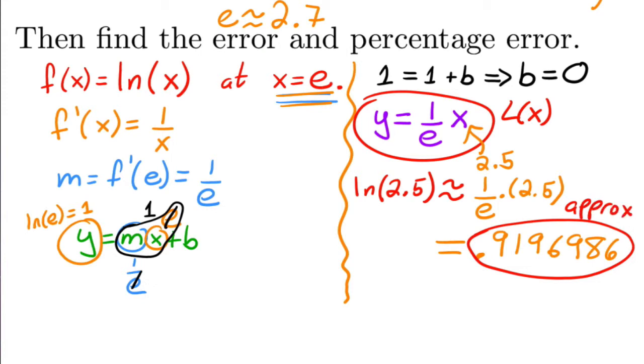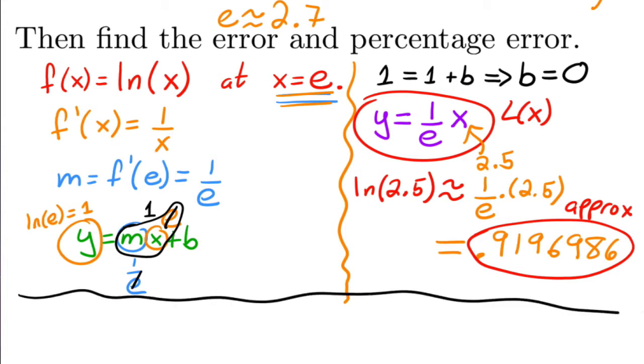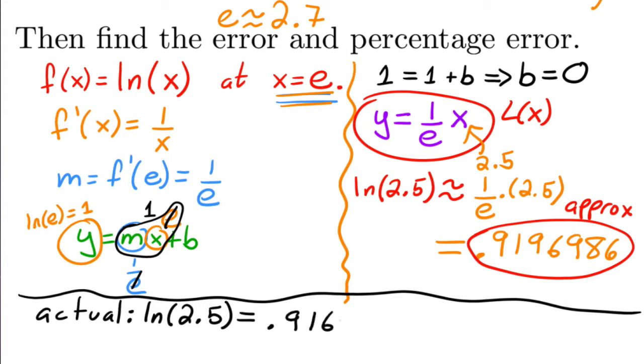Now, if I want to find the error, I would need to find the actual. So the actual is natural log of 2.5. If you plug this into your calculator, you would get 0.9162907. That's 7 decimals, the same amount of decimal places.